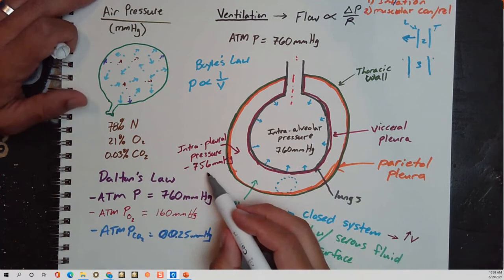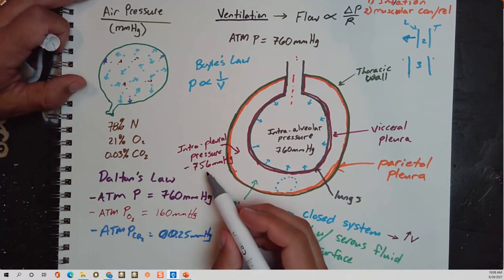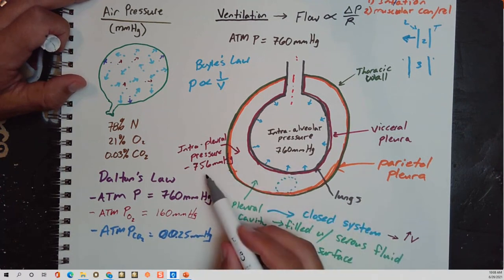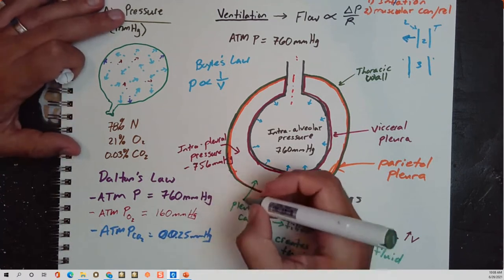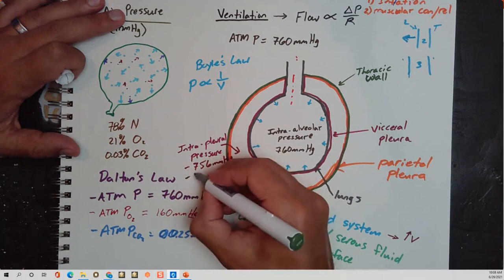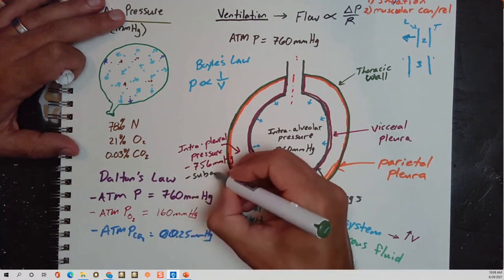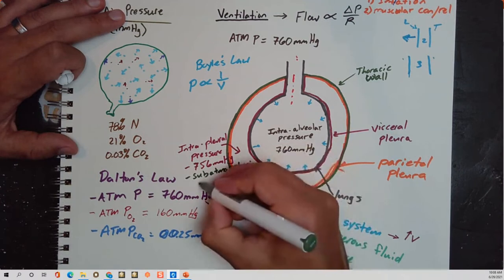Is the intrapleural pressure above or below atmospheric pressure? Dumb question, I know, but nonetheless, I'm asking it. So 756, is that above or below? And so what we call this is subatmospheric pressure. 756 millimeters of mercury is subatmospheric pressure.